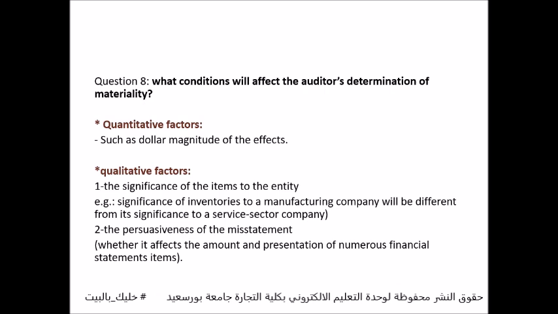For example, significance of inventories to a manufacturing company will be different from its significance to a service sector company which provides services. The pervasiveness of the misstatement, whether it affects the amount and presentation of numerous financial statement items.